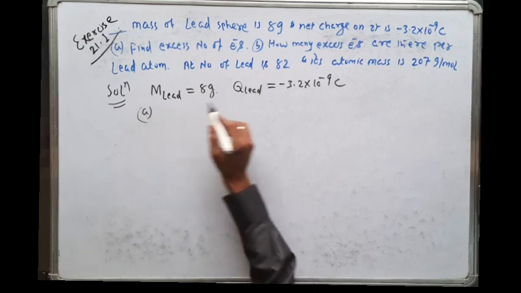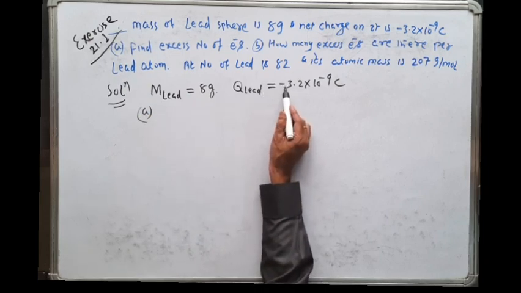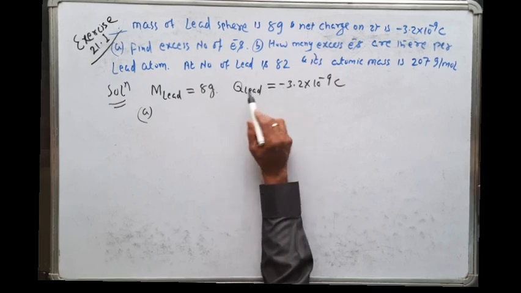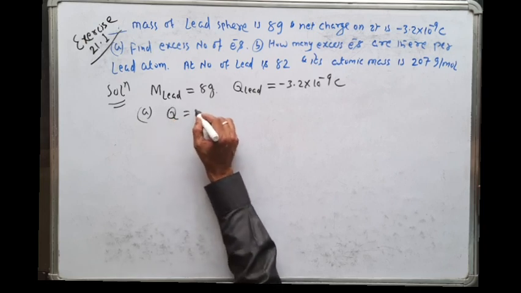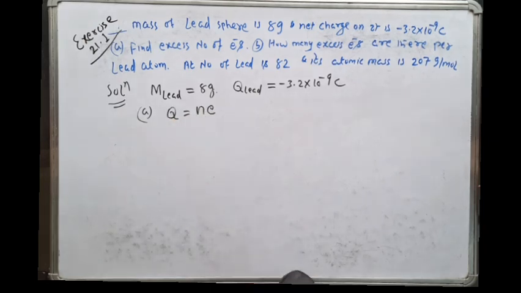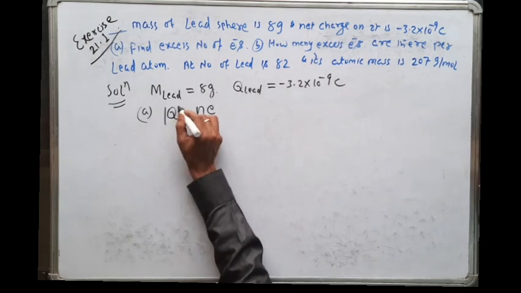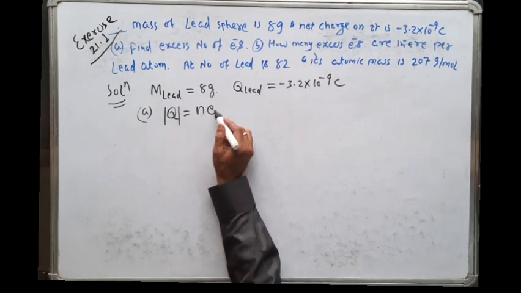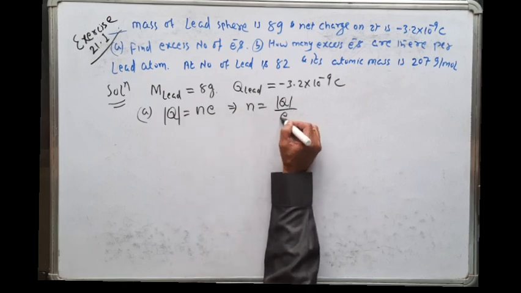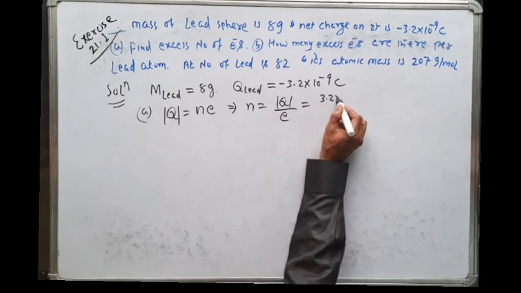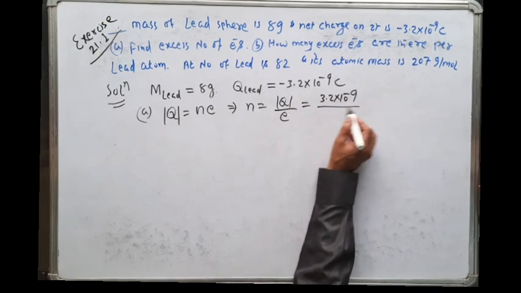Since the charge of the lead sphere is negative, there is a surplus of electrons. What is the excess number of electrons present in this 8 gram of lead? You know Q is always plus or minus Ne. So the magnitude of the charge is equal to Ne, which implies N is equal to the magnitude of charge divided by e. The magnitude of charge is 3.2 into 10 to the power minus 9, and e is the basic unit of charge.